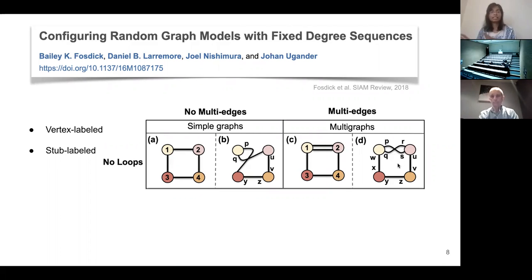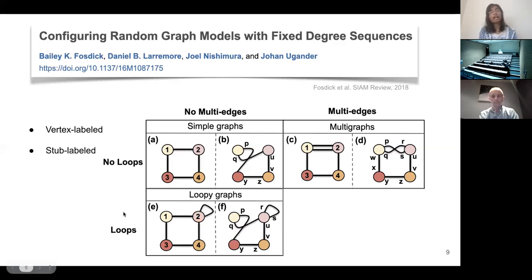That's a distinct network compared to this one we have here. But if we are looking at vertex labeled only, it doesn't matter which stub is connected to which, as long as, for example, in this network, there are two edges between node 1 and node 2, it's the same graph. So just crossing over parallel edges doesn't create a distinct network in vertex labeled spaces.